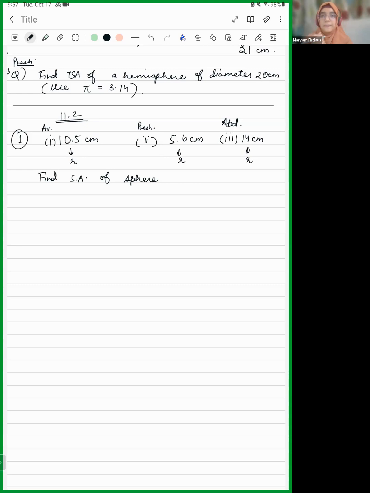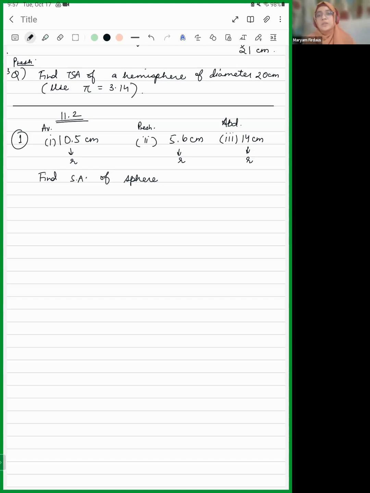Curved or total surface area? I was explaining the same thing to Avni just a few minutes ago. In a sphere, there is only one type of area, which is total surface area. You can call it curved also, because total surface area is equal to the curved surface area in case of a sphere, because a sphere doesn't have any flat parts, na?